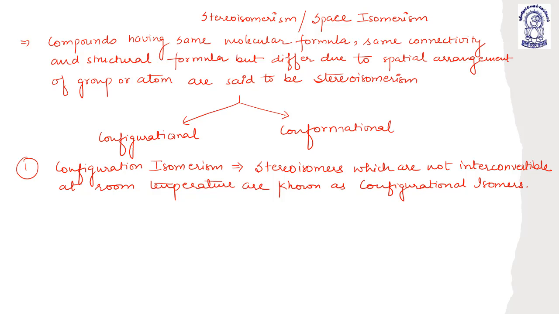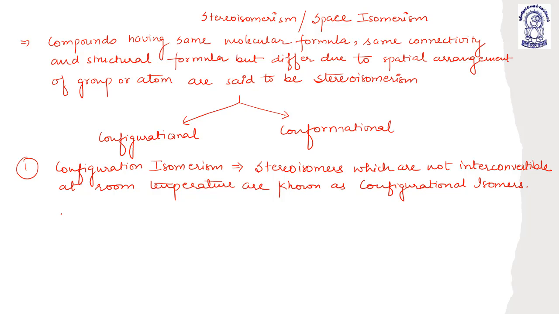Configuration simply means that the arrangement of the groups three-dimensionally, spatially, is changing. So the stereoisomers which are not interconvertible at room temperature, which cannot be converted from one form to the other, although they have the same molecular formula, the same structural formula, and the same connectivity of the groups, but their arrangement and orientation is changing, are known as configurational isomers.